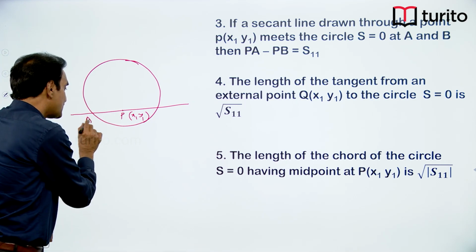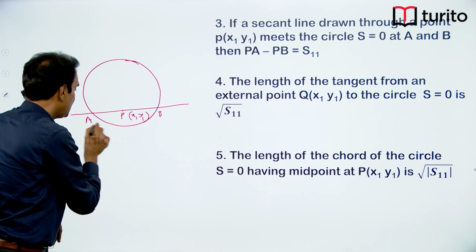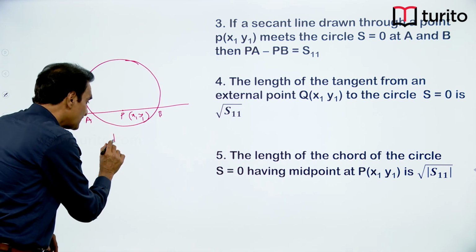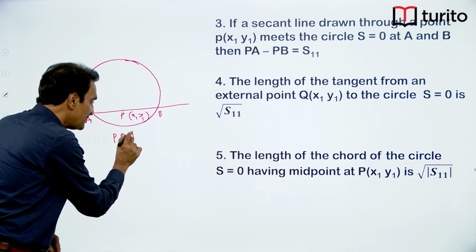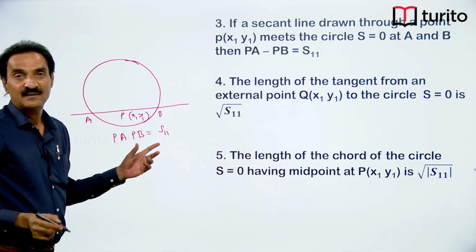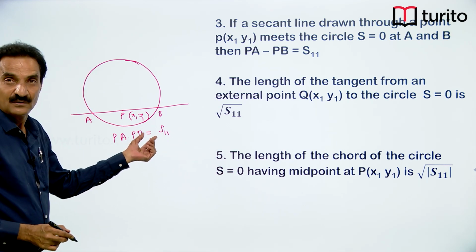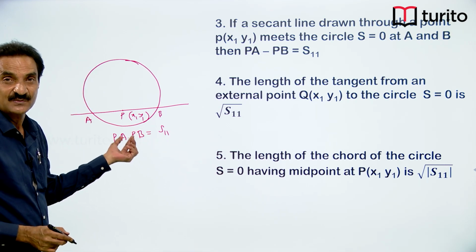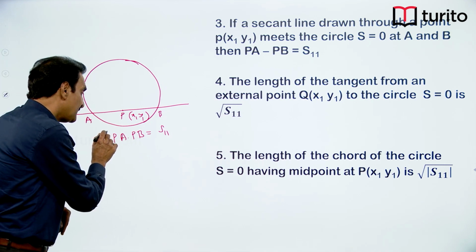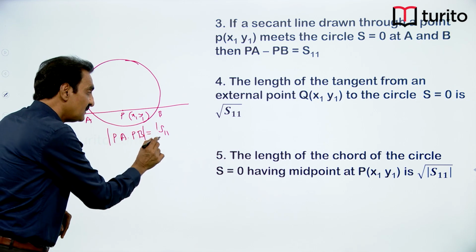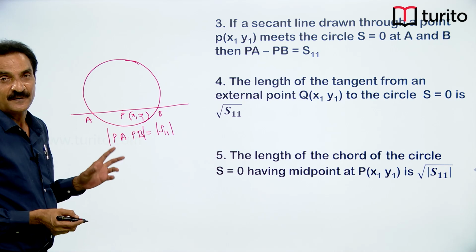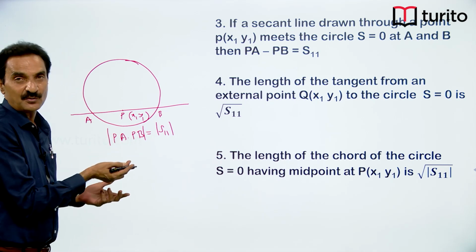Let the extremities of the chord be A and B. Just now we proved that PA into PB is S11, but here S11 is negative because P is inside. Now, if we take mod, then it becomes positive, but when P is the midpoint of AB, mod PA is equal to mod PB.